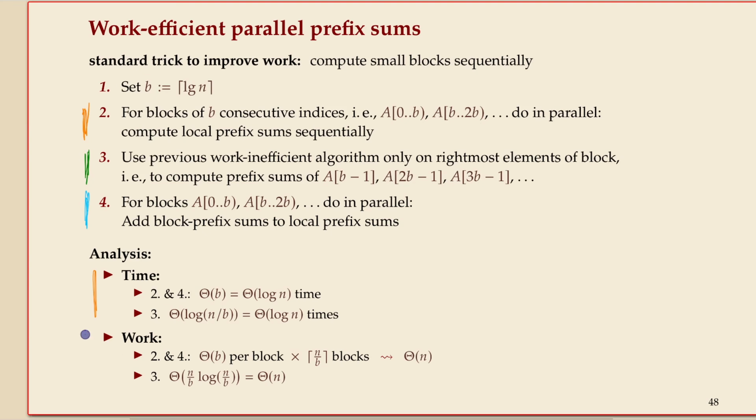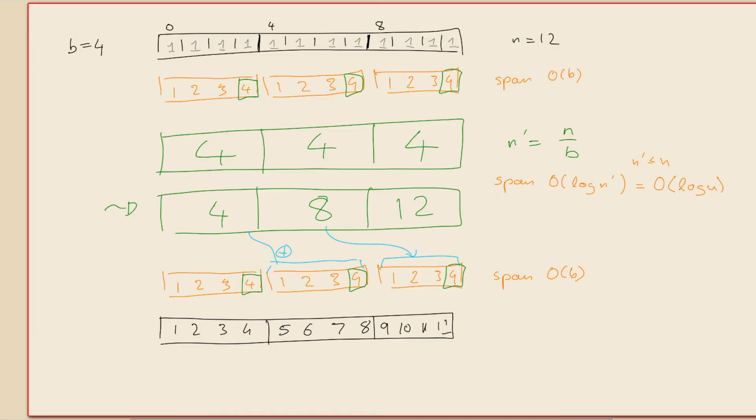So let's also analyze the work. And here we have to pay a little more attention. What's the work in this case? Well, we spend, that's the number of blocks, and we spend order b time in each block, so that's linear.